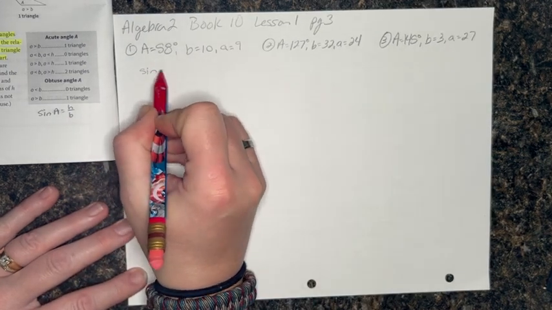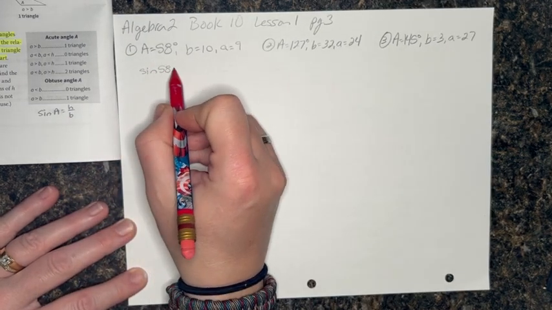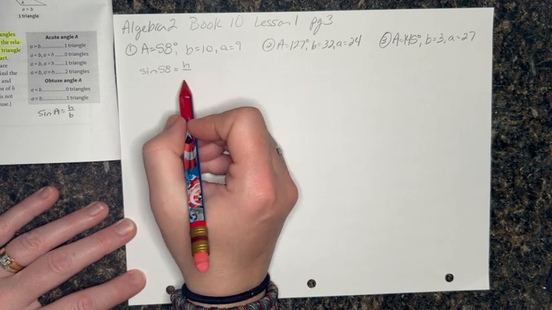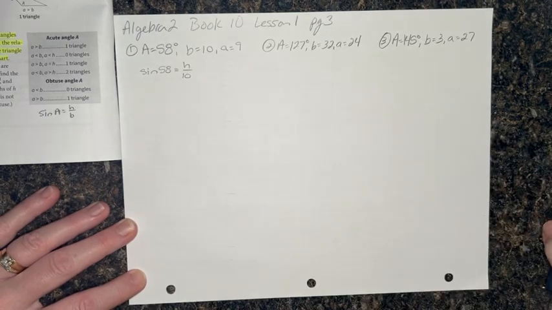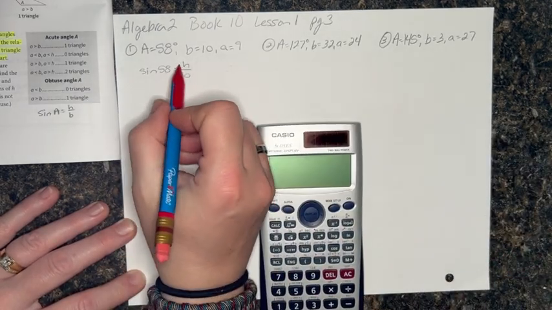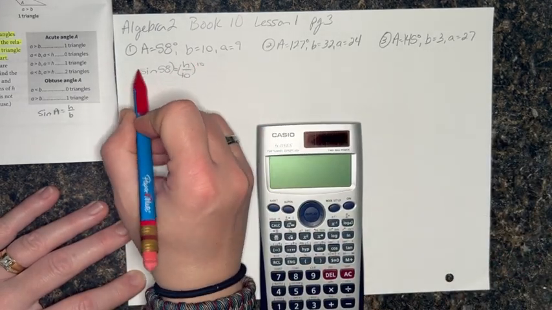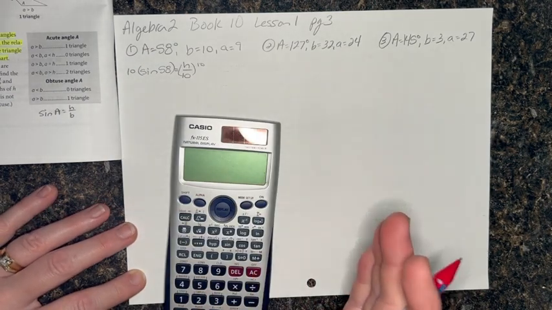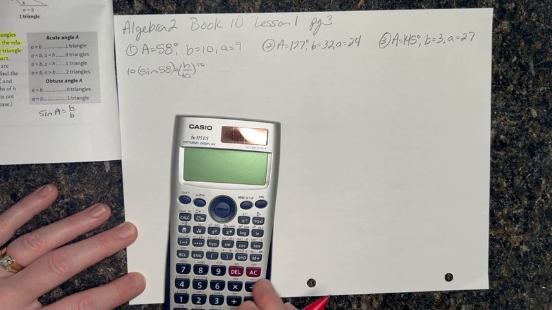So the sine of 58 degrees is equal to h, which is what we're looking for, over b, which is 10. So we need to multiply both sides by 10. So we're doing the sine of 58 degrees times 10.